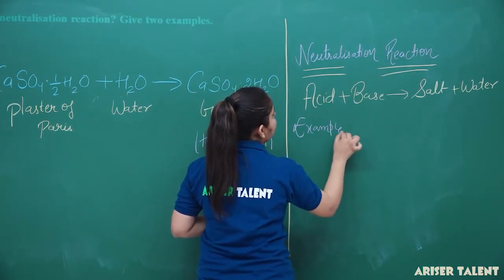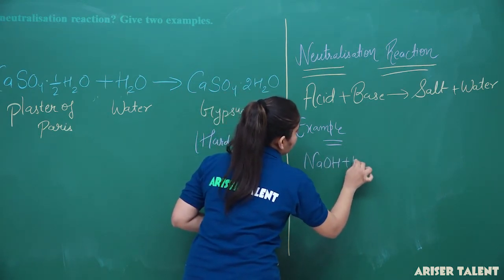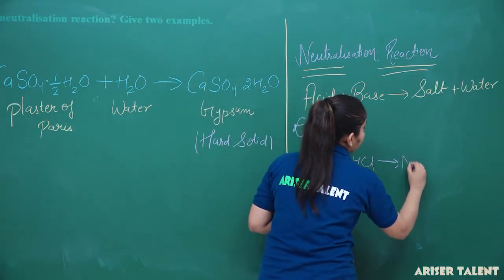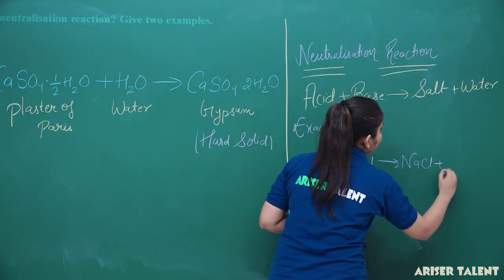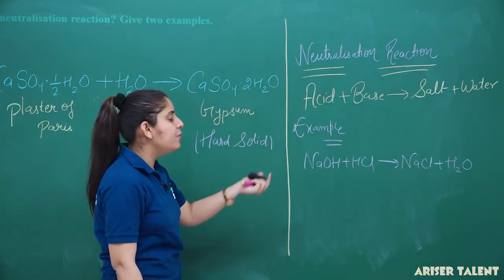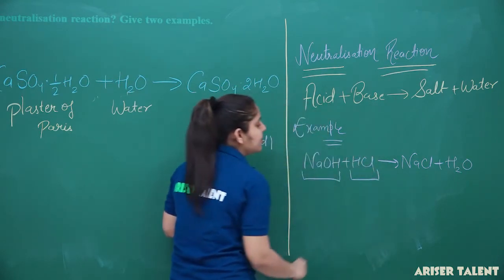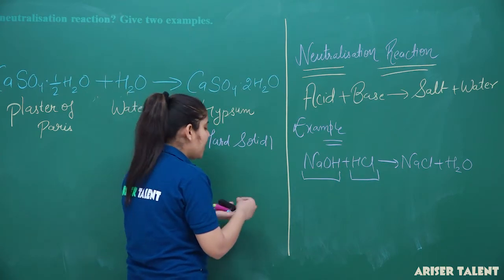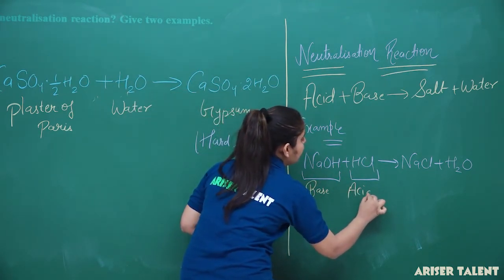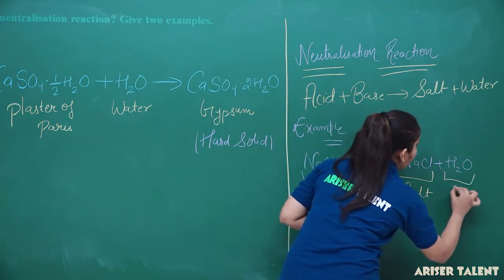Its example will be NaOH plus HCl. What will we get on the product side? We will get NaCl plus H2O. So this is our salt and water, because here we have taken a base and here we have taken an acid. Now we will take another example. This is our base, this is our acid, and it is going to form salt and water.